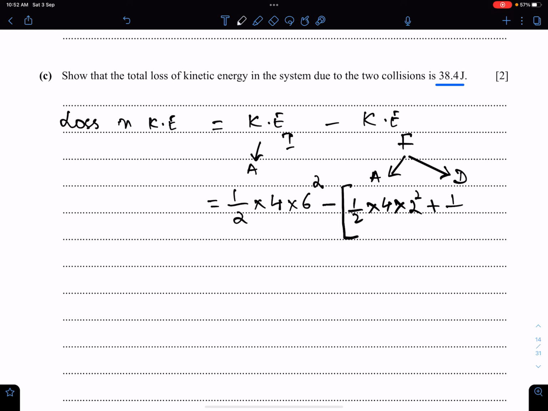And D: half into mass, combined mass was 5, and speed is 3.2.